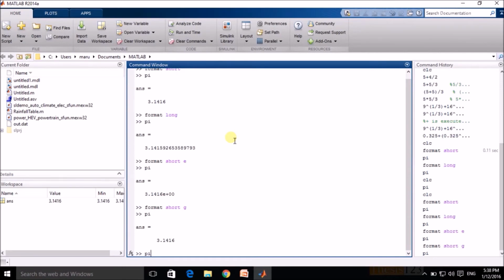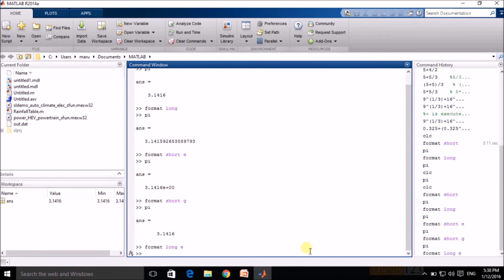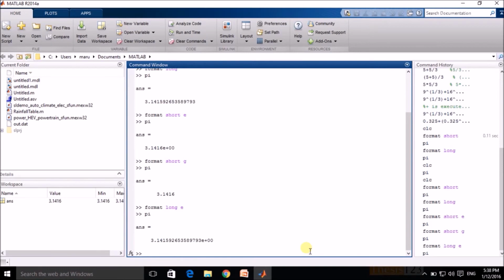And one more command within the format model is format long e. Now see the pi value. It has scientific notation with 15 decimal digits plus exponents.